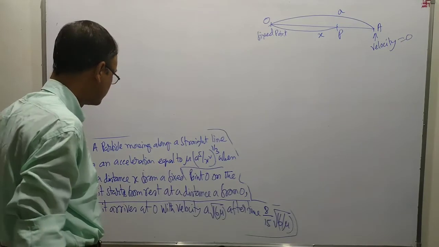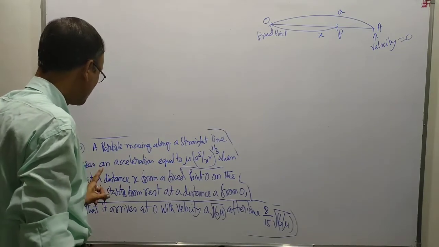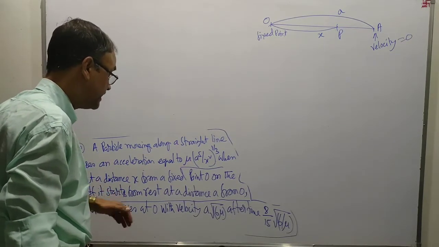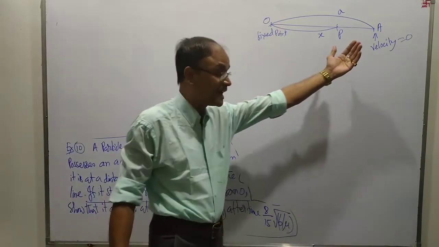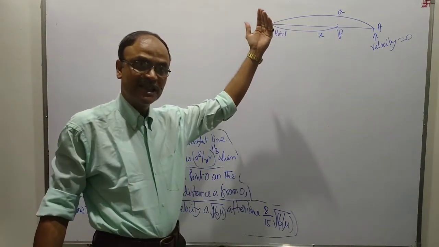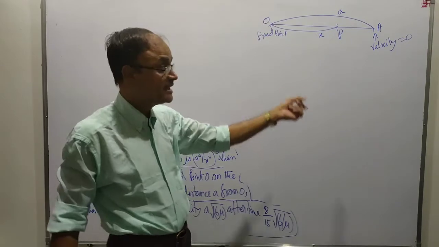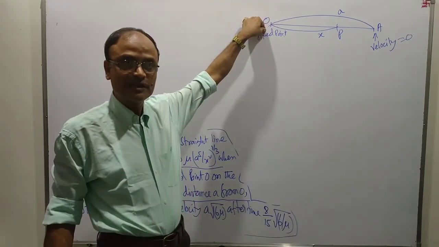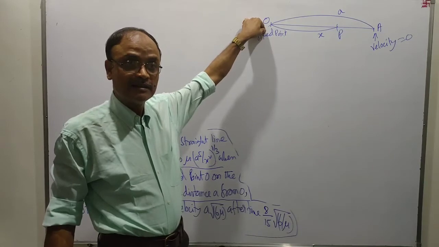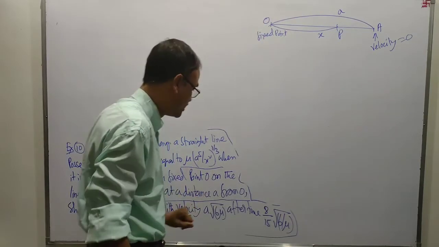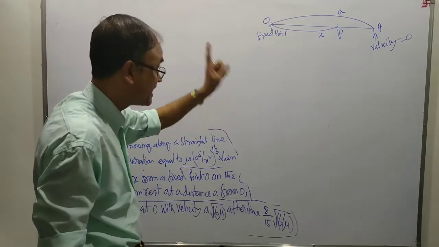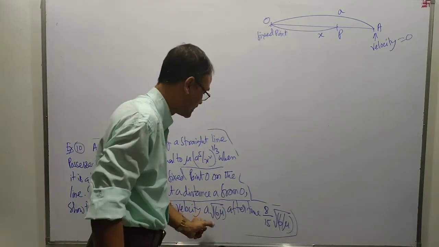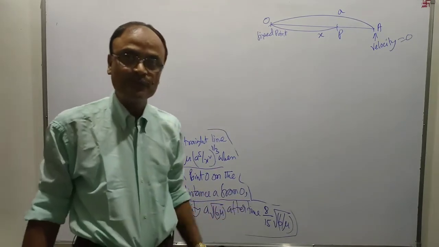Here, before this negative sign. Also, it is coming in the direction AO, and at the time it will arrive at O, then the velocity of the particle when it arrives at O will be a into root over 6 mu.